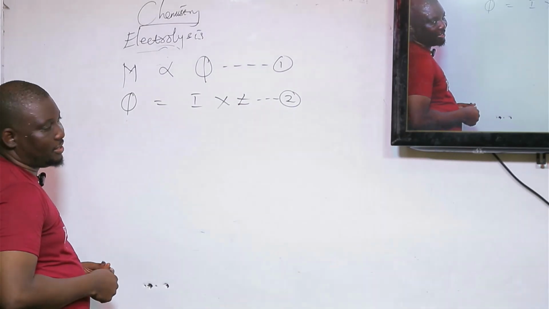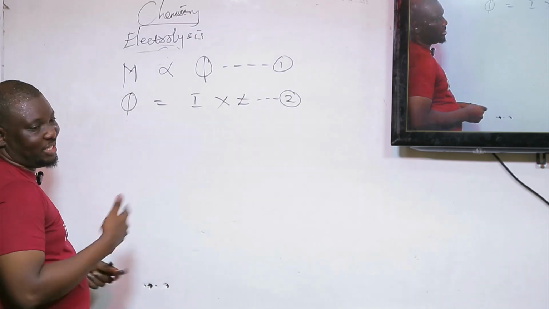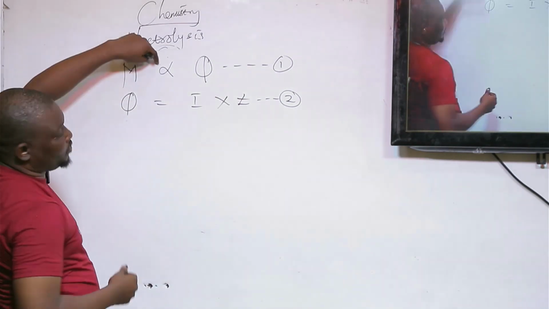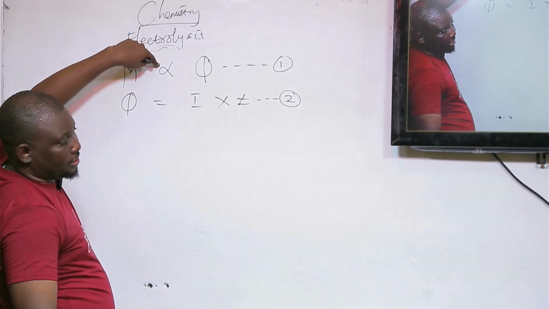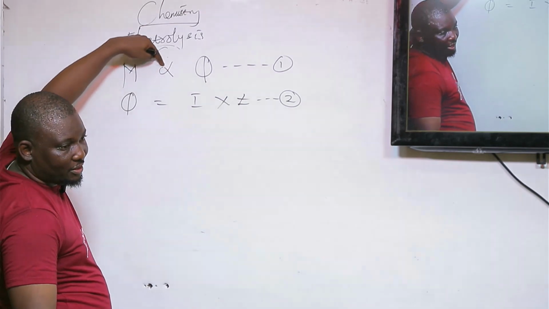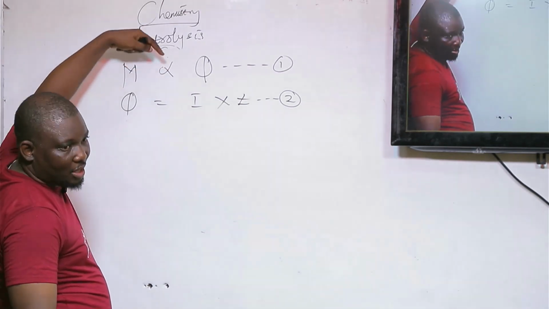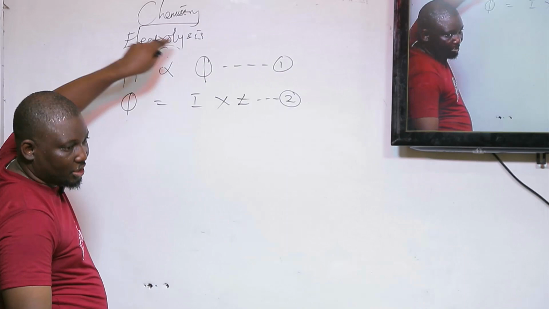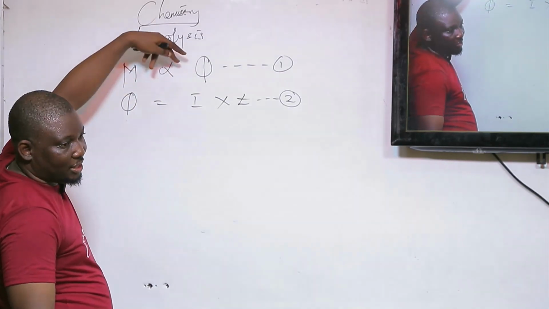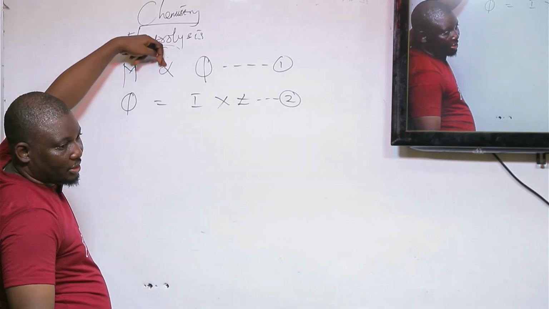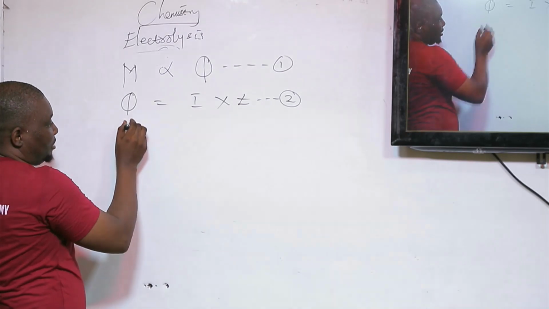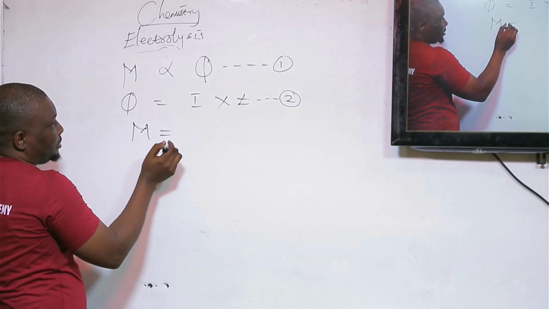I can just go back to equation 1. M will not always be directly proportional; there may be changes that occur in future reactions. So what if I want to keep a check on this by taking away the proportionality sign and introducing an equality sign?